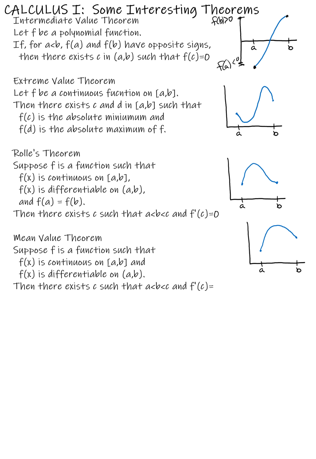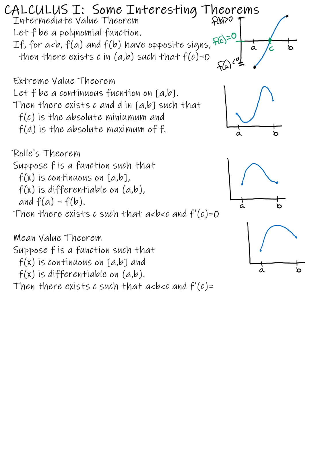According to the intermediate value theorem, there must be some c in between those two that is equal to 0. In fact, we can see that right here. There is a c value, and if you look at that function value, f of c must be equal to 0. Now, this is really an algebraic topic, but it's interesting nonetheless.